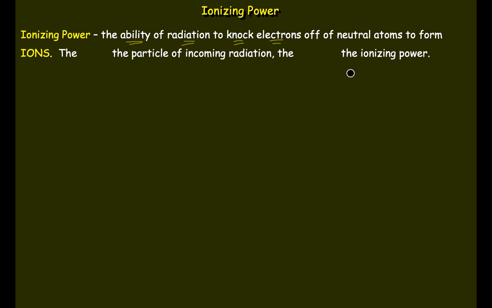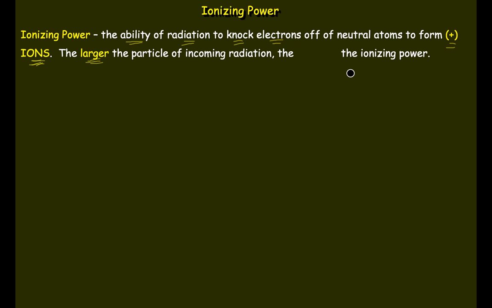Again, imagine something flying across the room and slamming into something and just knocking it over. When this radiation hits and knocks electrons off of something, then that molecule, that atom, becomes an ion. A positive ion actually, because you're knocking electrons off something. So remember, when elements lose electrons, they become positive ions. Well, sometimes this radiation could be the reason why it does this.